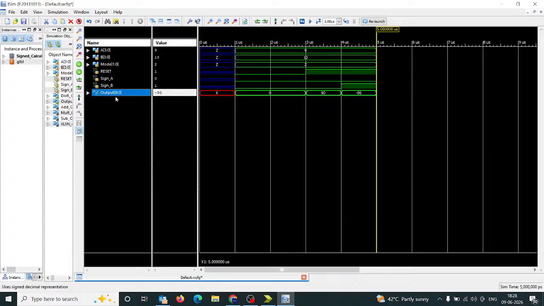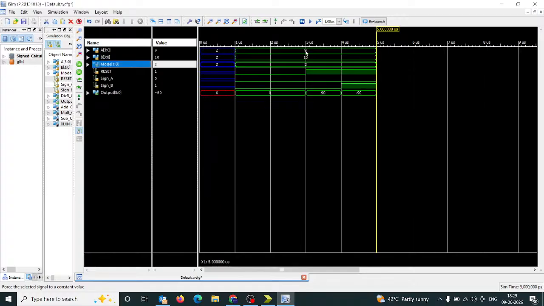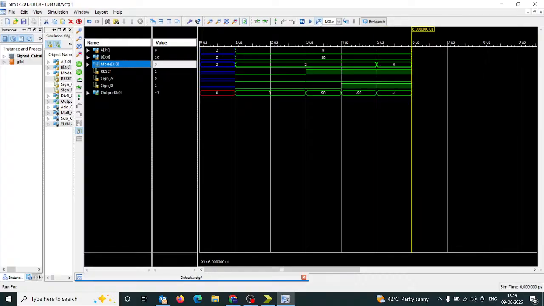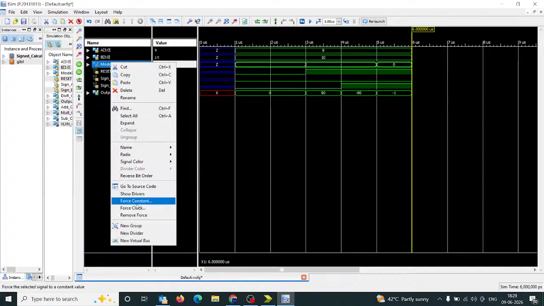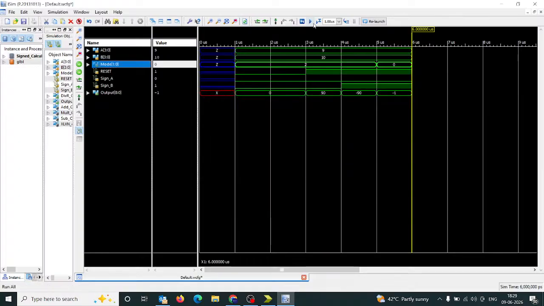If I change the operation, like the mode is addition, 00, so 9 plus minus 10, the output is minus 1. And if I change the mode from 00 to 01, that is subtraction, so 9 minus minus 10, the output is plus 19.